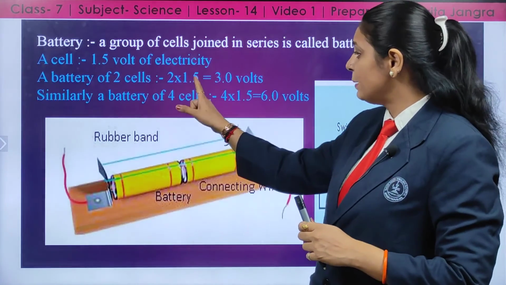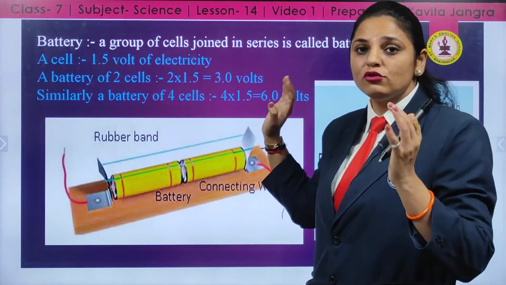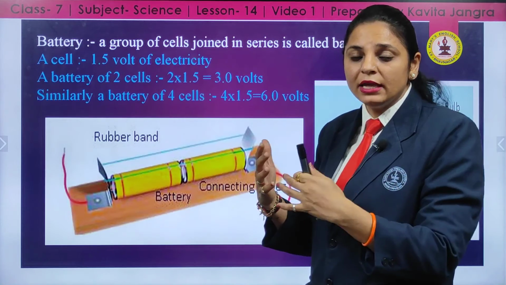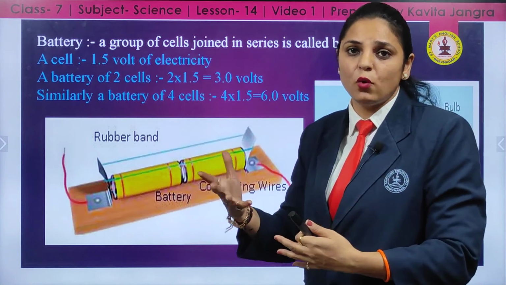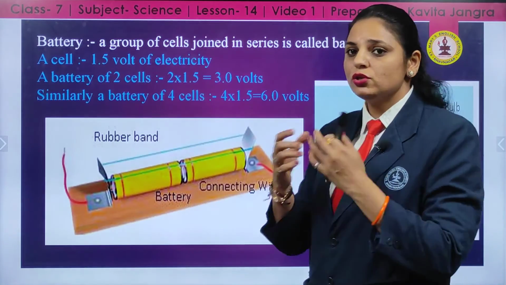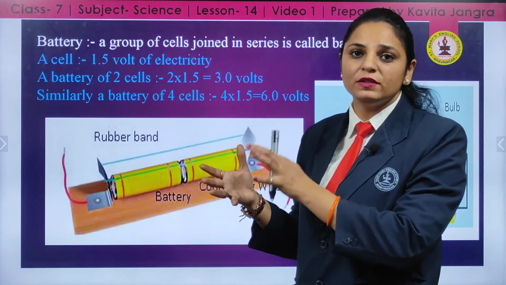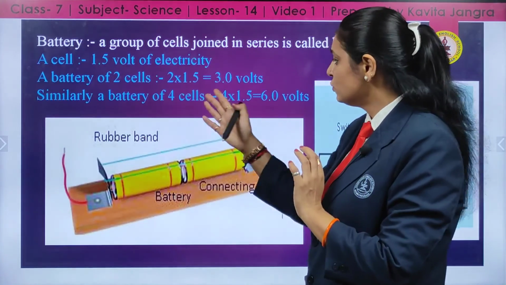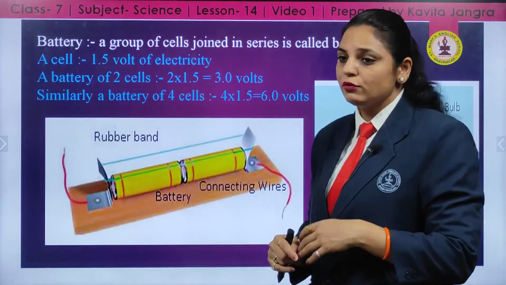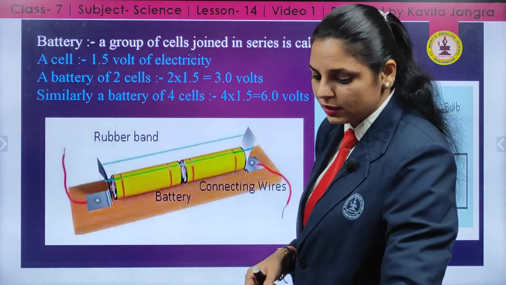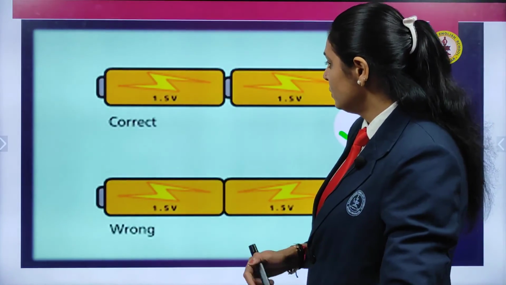One cell is 1.5, so for 2 you have to multiply. Similarly, if it is asked for 3 cells, 4 cells, you know the voltage, you have to multiply by the number of cells you are taking. So this is how you have to calculate the voltage, and about closed and open circuits.